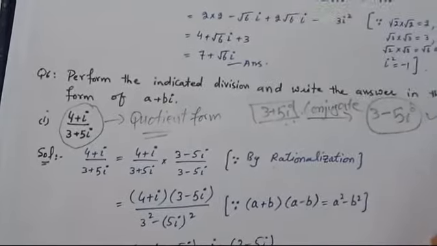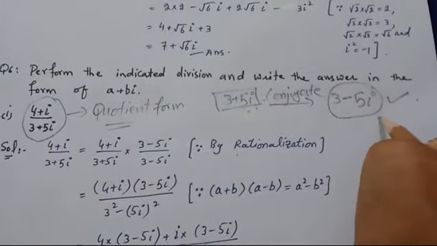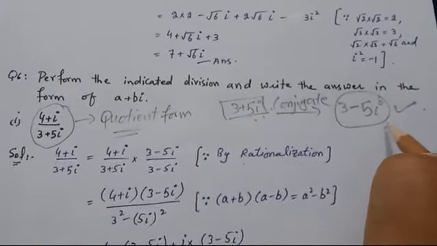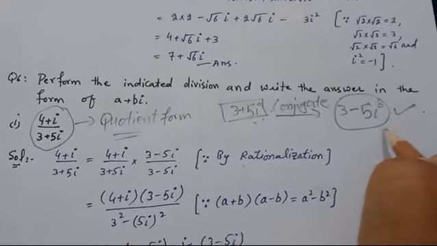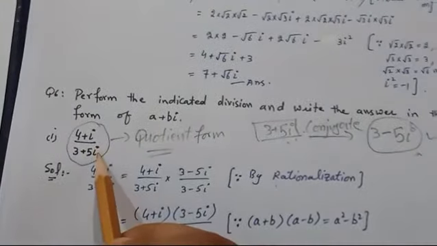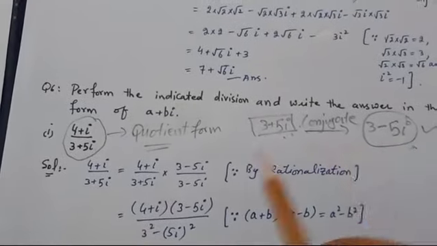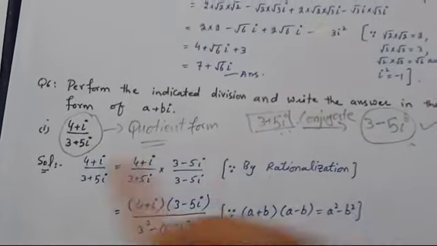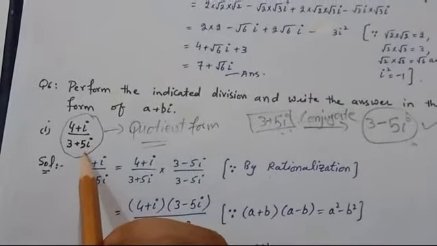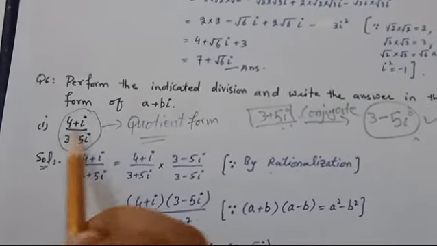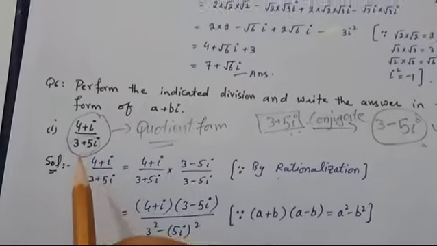So you get the conjugate. Now you need to multiply and divide this quotient form by this conjugate. This process is called rationalization, and by multiplying and dividing by this conjugate, you will get a single real number in the denominator.